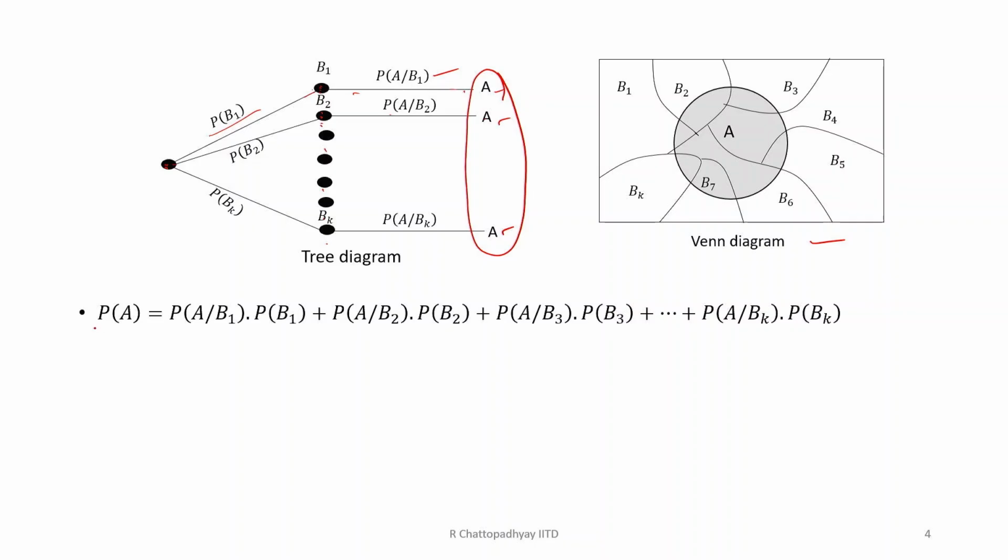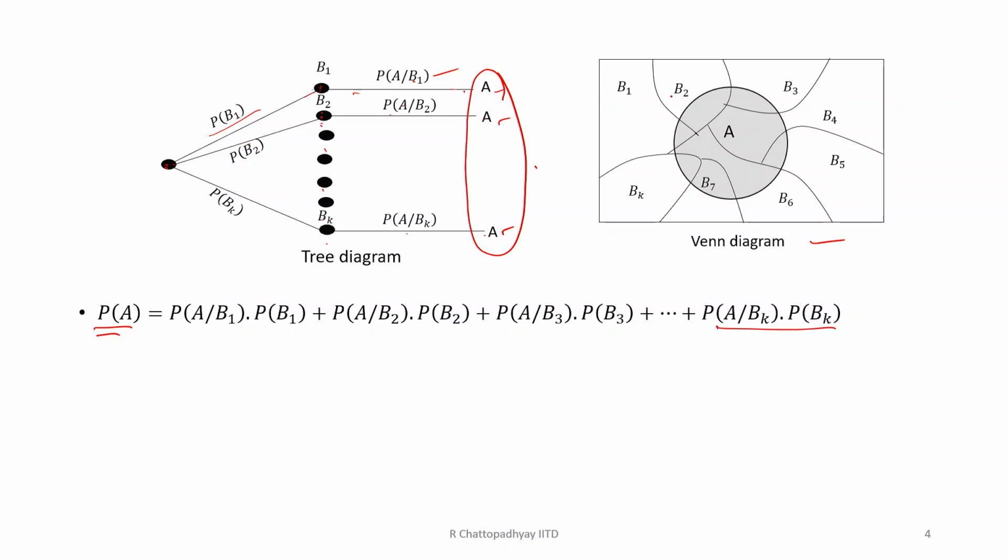So we can write P(A), whether you look at the Venn diagram or the tree diagram. P(A) is the summation of all of them: P(A by B1) into P(B1), P(A by B2) into P(B2), up to P(A by BK) into P(BK), which is the last one.